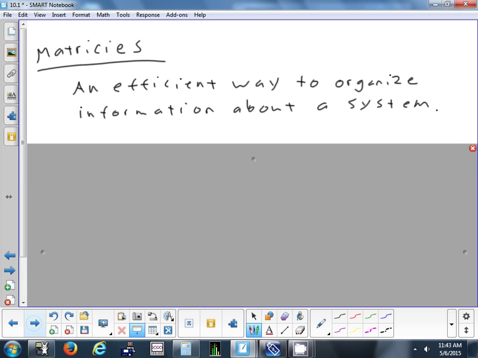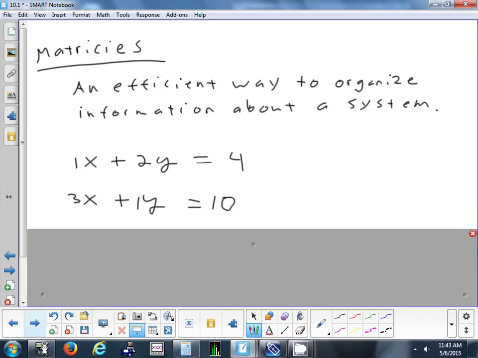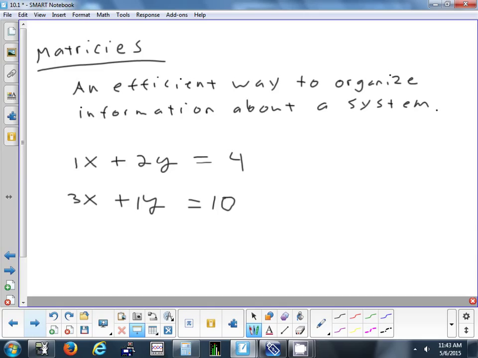All right. So the next thing is basically a more efficient way to write everything we've been writing. If we have a system like that, the way we're going to represent it tomorrow is with a matrix. When you use a matrix, all you're doing is writing the numbers.